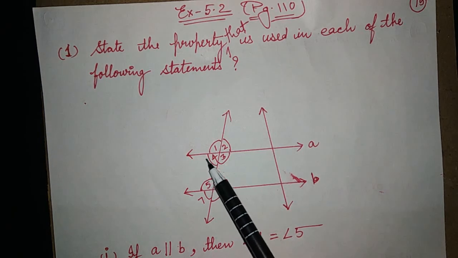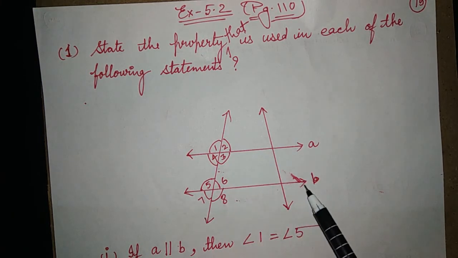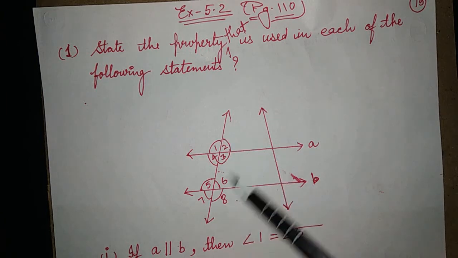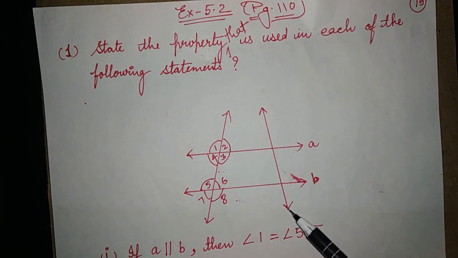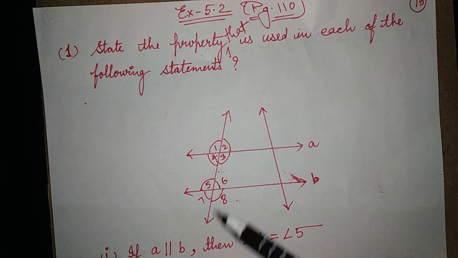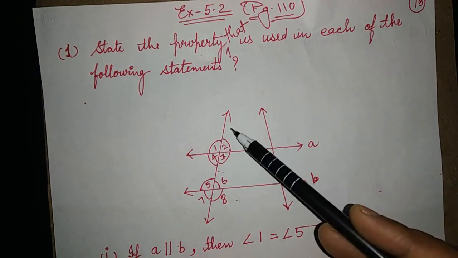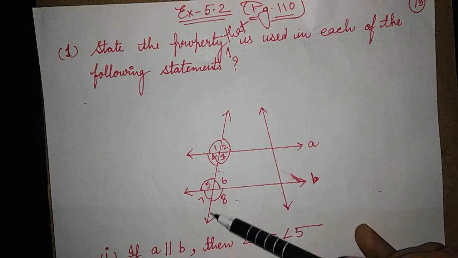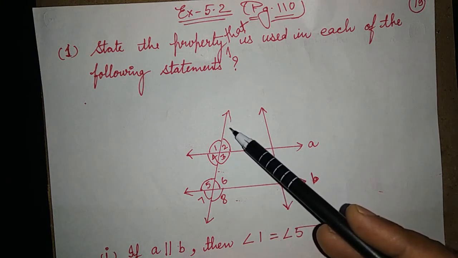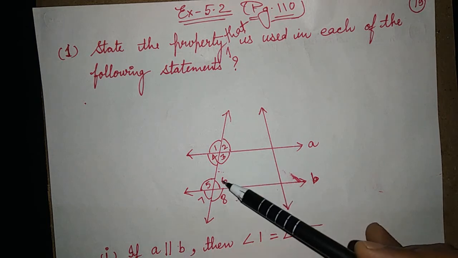Here you can see A and B. These two are parallel lines and these two are non-parallel lines. But you can see all the angles on this transversal line. So we have to see this transversal line for giving the answer.